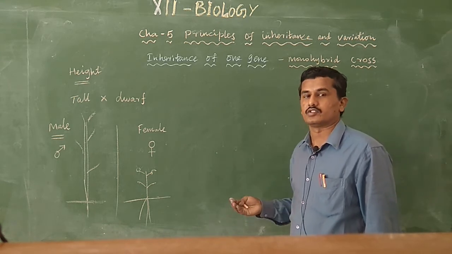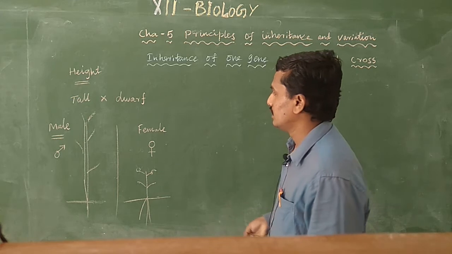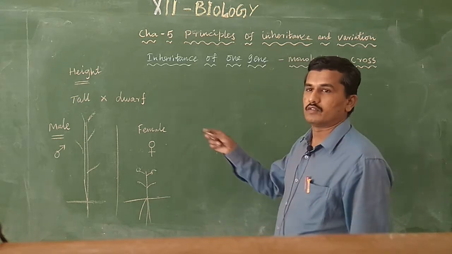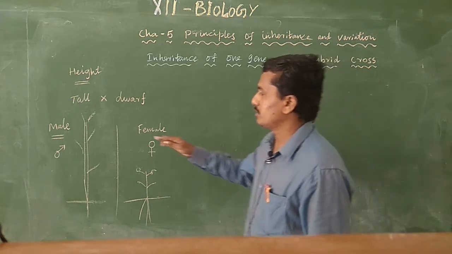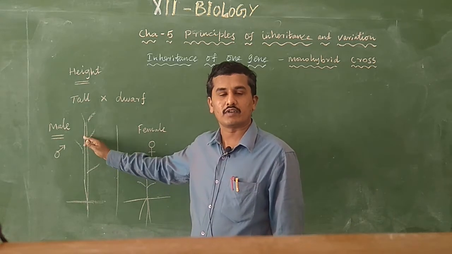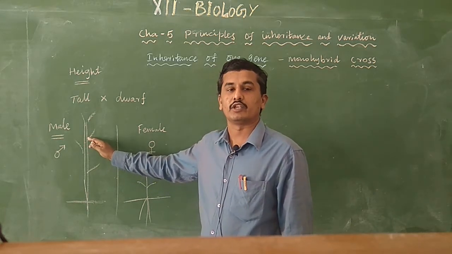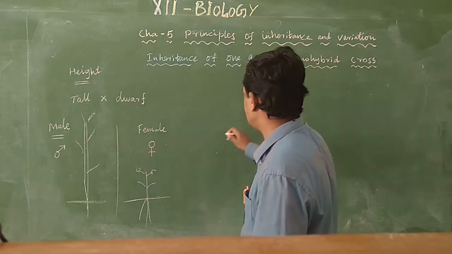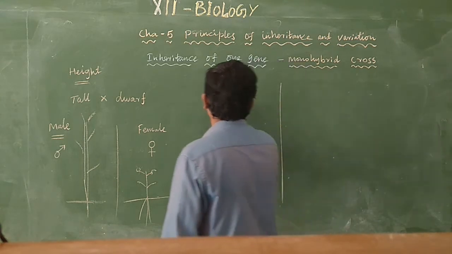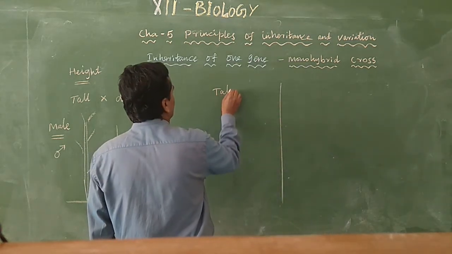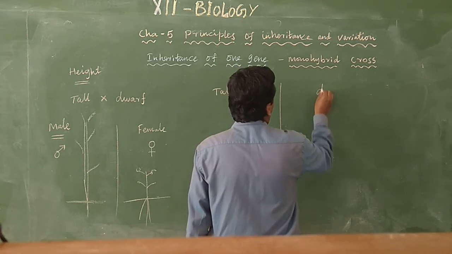After the season, at maturity, we know the flower in Pisum sativum is bisexual. What does bisexual mean? Listen: this is a tall plant flower, this is a dwarf plant flower.